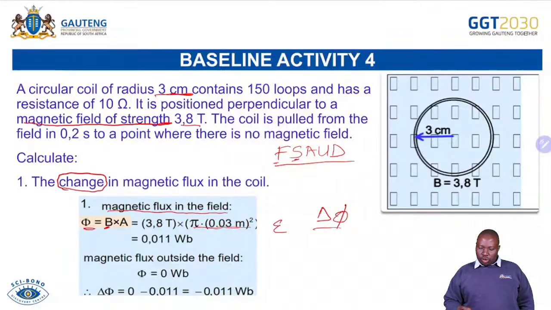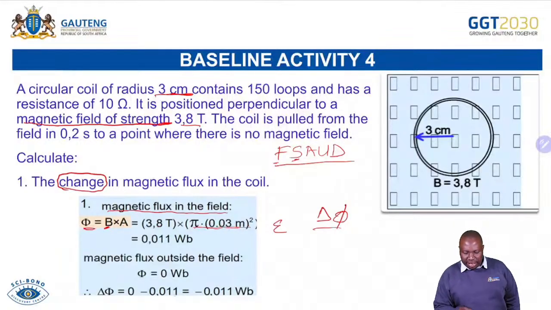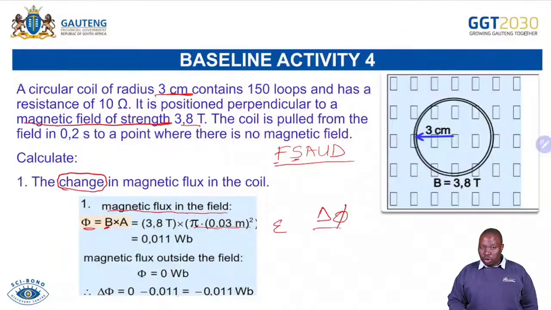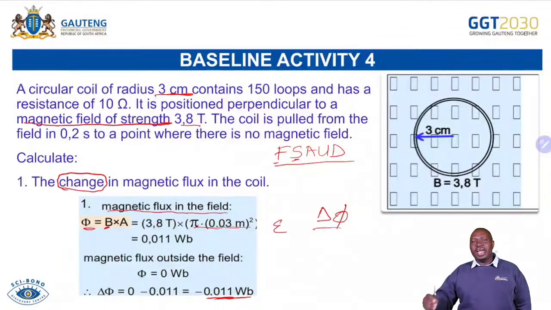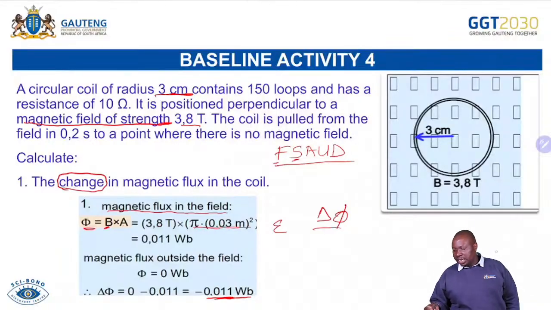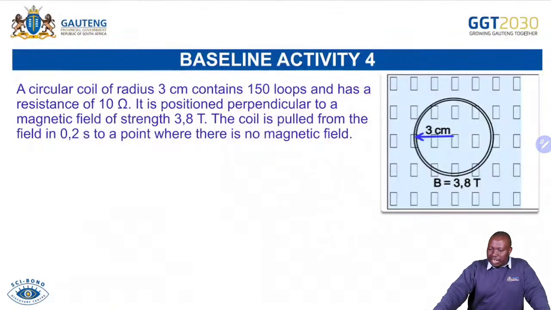In this case, you have the 0, which is outside, and inside you have 0,011, and then you get negative 0,011. Remember, when we were writing the formula, we had a negative N there. With this negative, they will cancel one another. It's important that you get an answer of that magnitude.